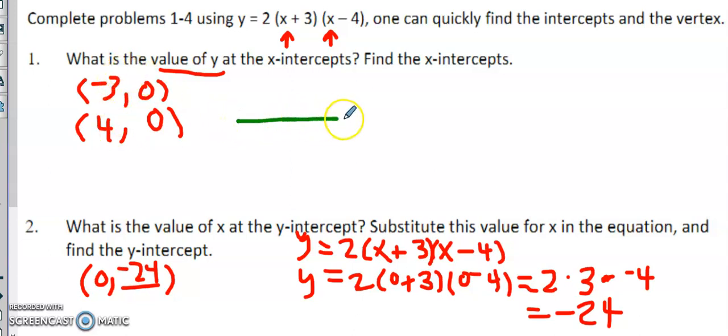So if you think about a number line where I have -3 on it and a positive 4, the x value of the vertex is going to be that value exactly between the -3 and 4. So this point here, whatever that value is, is basically what we call the midpoint.